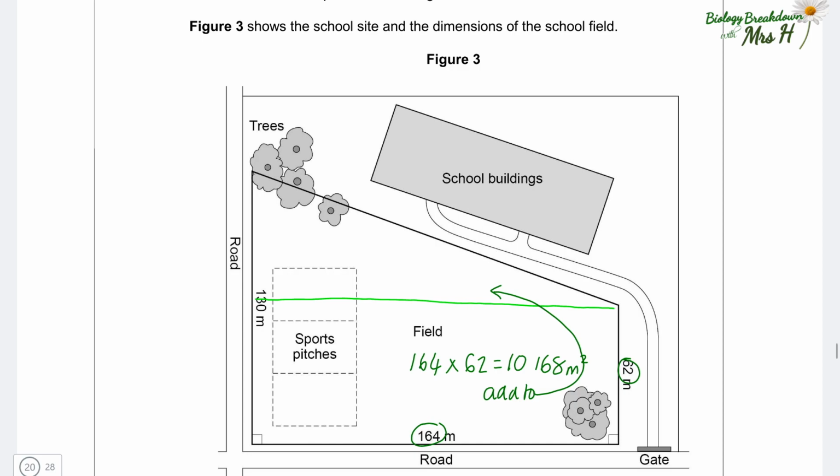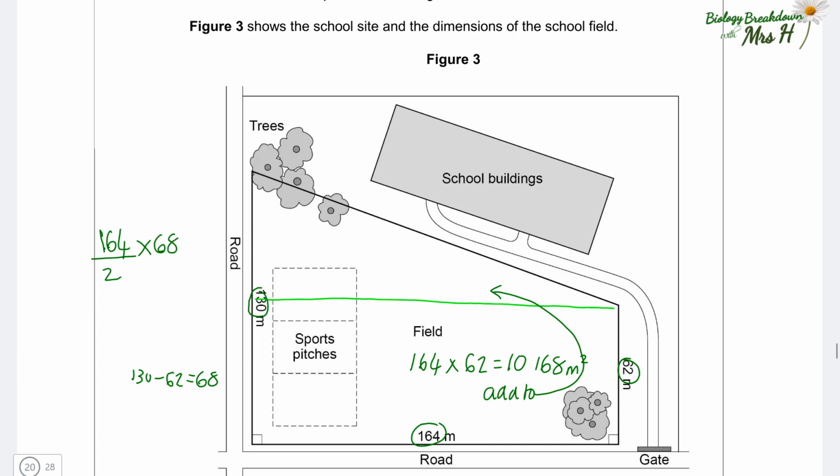So the base is going to be 164 metres divided by 2. So we've got half of that. And then we need to times it by the height. And how we're going to work out the height is we've got 130 metres in total minus 62 metres. So we're left with 68. So that height is 68 metres.